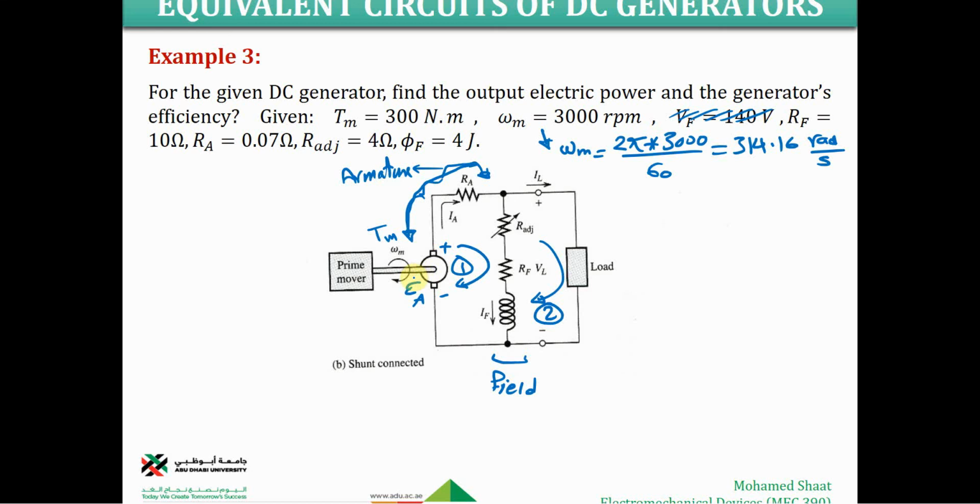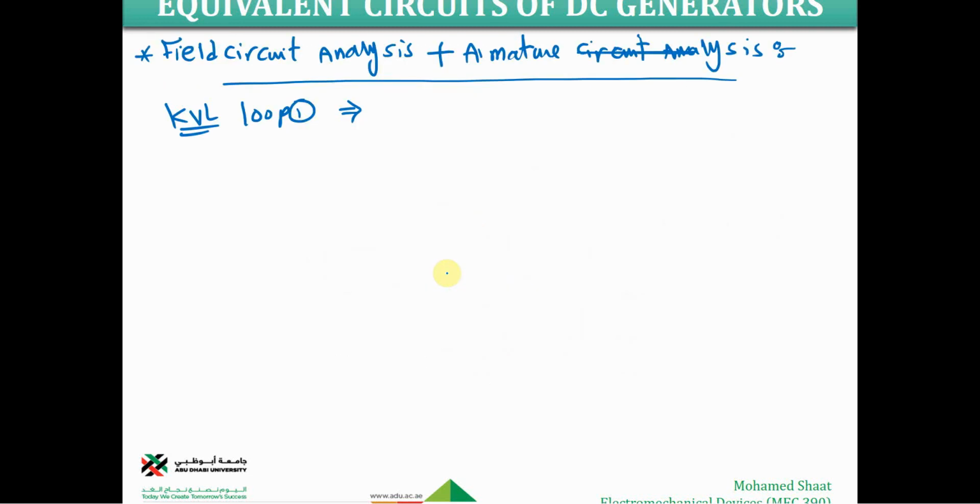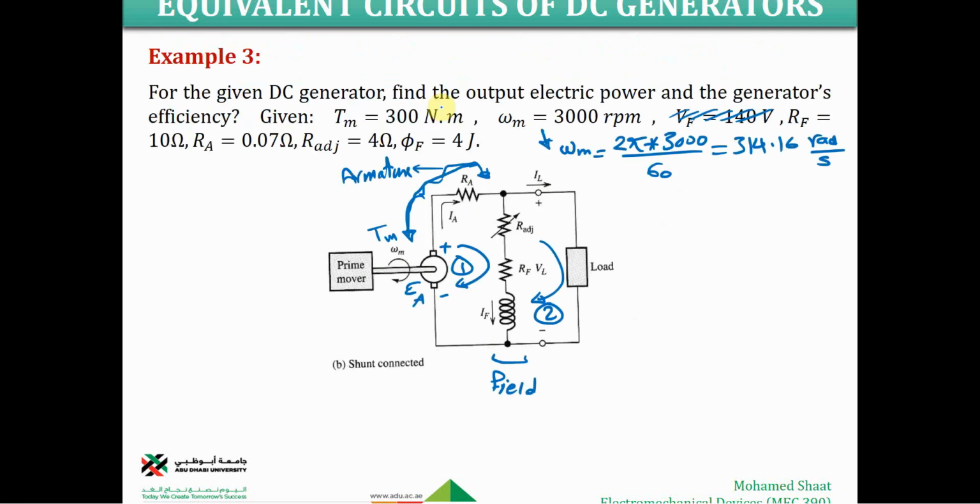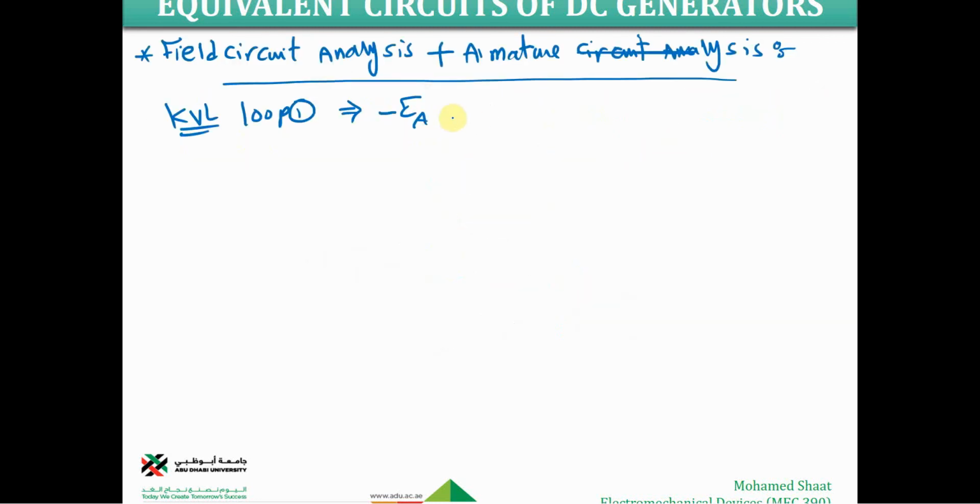And in the existence of the magnetic field, there should be some EA generated. So this EA will be the output of this system, which is gonna be an input to this loop number 1. So the input for this loop is gonna be EA. It means that EA is gonna be negative EA as voltage. And there is another voltage over the armature, which is gonna be IA, the armature current, times the RA, which is going to be the positive of IA RA.